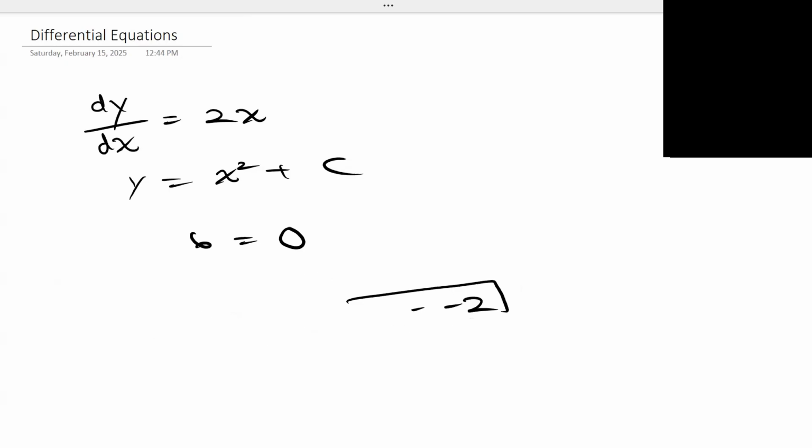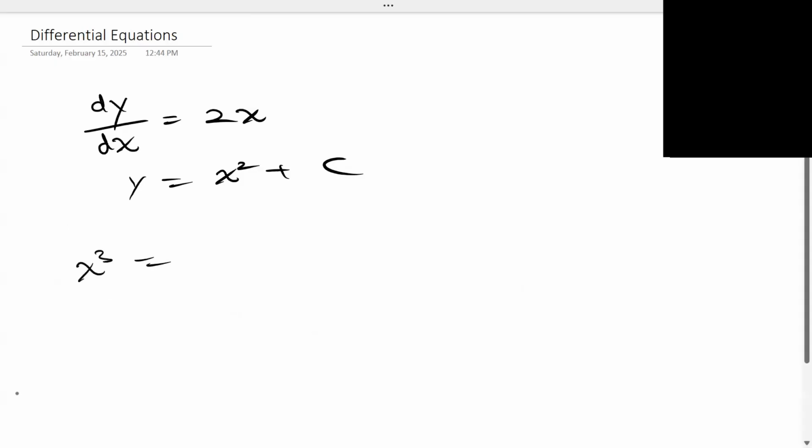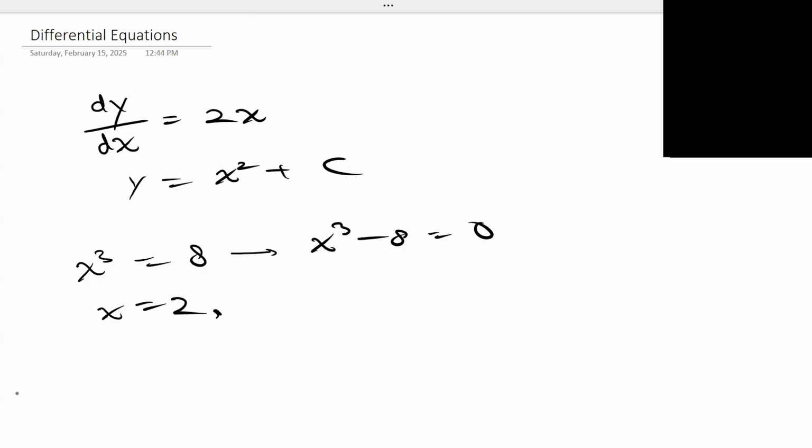You may also have learned that higher degree polynomials, like say the cubic x cubed equals 8, for example, x equals 2 is a solution, but also if we factor this, x cubed minus 8 equals 0, this is x minus 2 times x squared plus 2x plus 4, right?